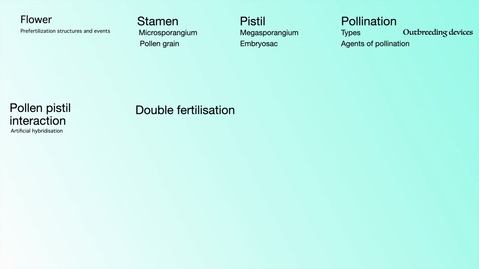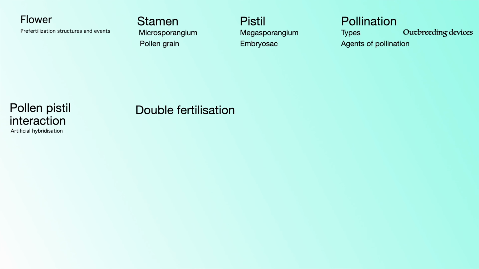When all three nuclei fuse, it leads to the formation of the primary endosperm nucleus. This primary endosperm nucleus is triploid. As there is a fusion of three nuclei, this is called triple fusion. And this central cell, which contains the primary endosperm nucleus, is called the primary endosperm cell. It develops into endosperm. So this is the second fertilization.